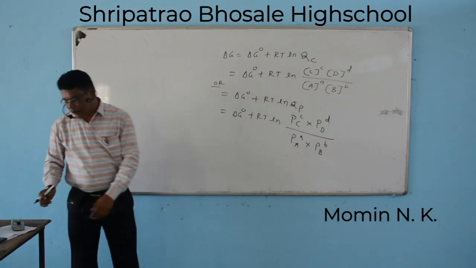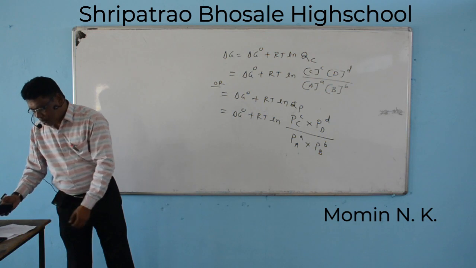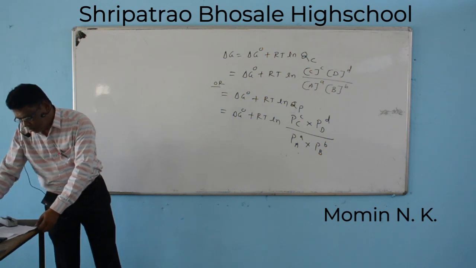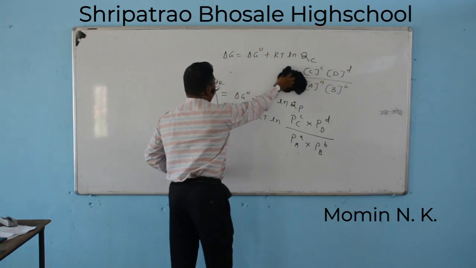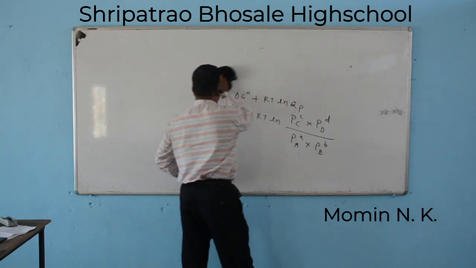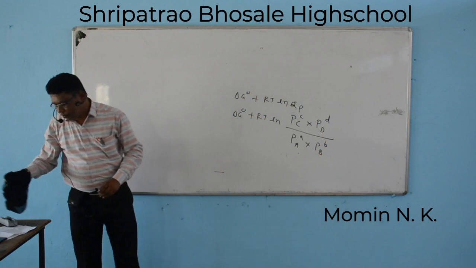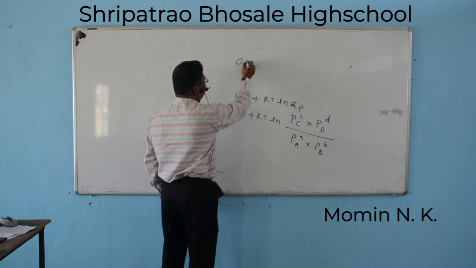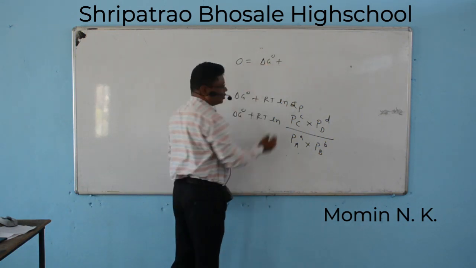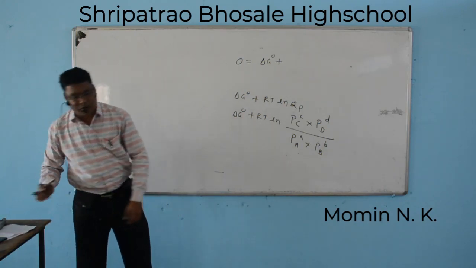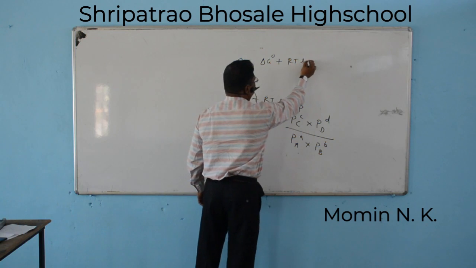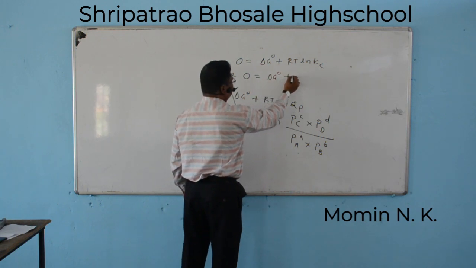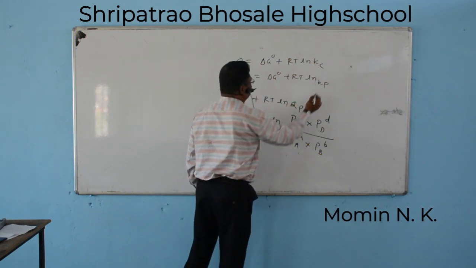So here it is important to know that this equation may be written as 0 is equal to delta G0 plus RT log of Kc, or 0 is equal to delta G0 plus RT log of Kp.